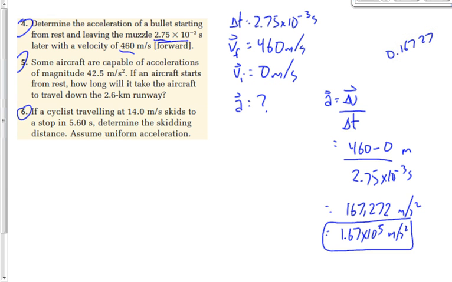Number 5, some aircraft are capable of accelerations of magnitude 42.5 meters per second squared. You ever heard of G-force? This pilot experienced 3 Gs or 4 Gs or 5 Gs.